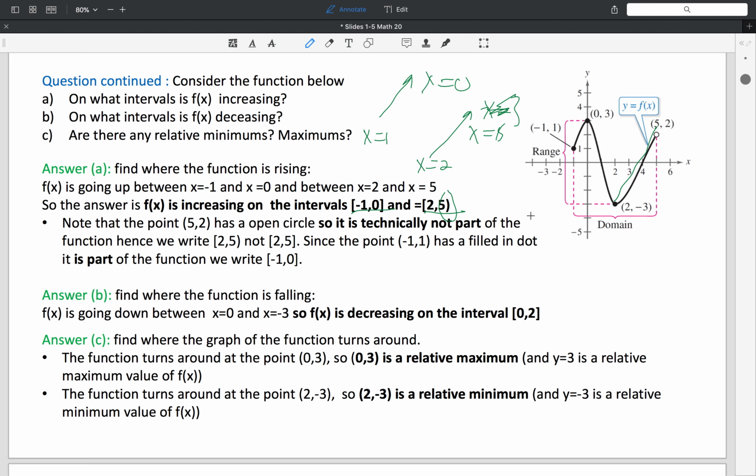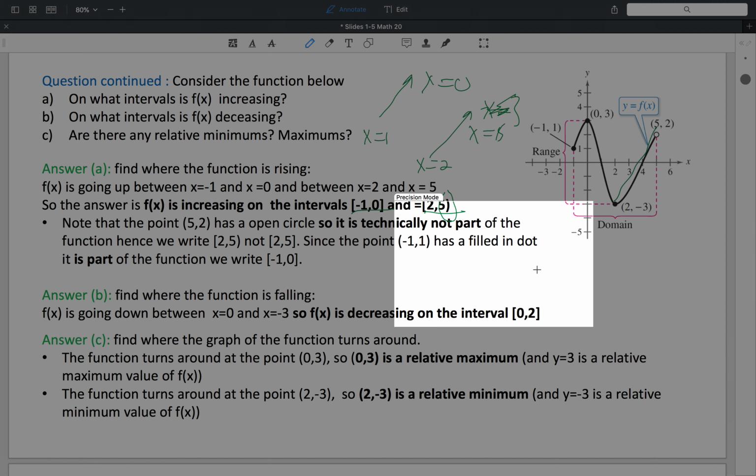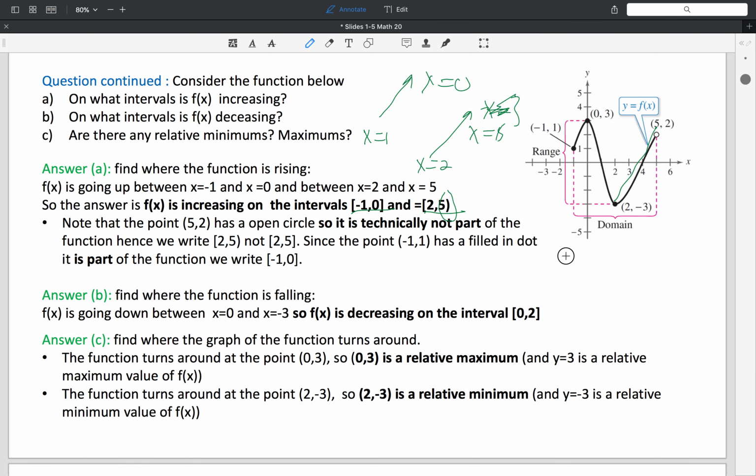Okay, so now we want to find out where it's decreasing, and if you look, it's decreasing from 0 to 2. It's going to start at x equals 0, and then it goes down till we get to x equals 2. And remember, this should be a 2 here. Sorry about that. I wrote the y coordinate by mistake.